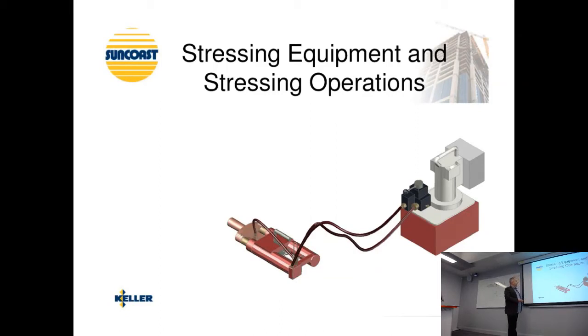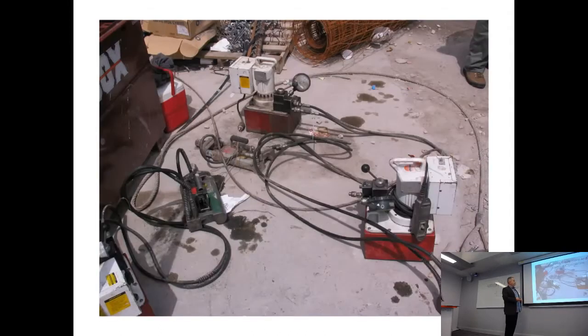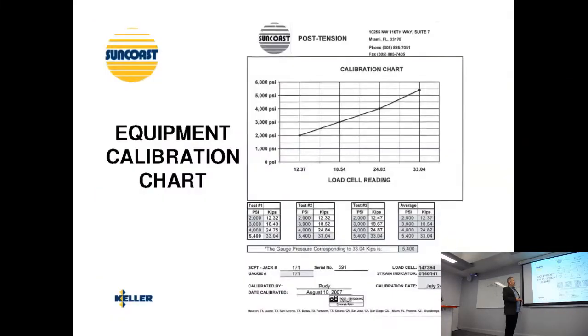You saw a picture of the jack. Each set of bars is tensioned to a set amount to make sure it's catering for the dead load and the live load.